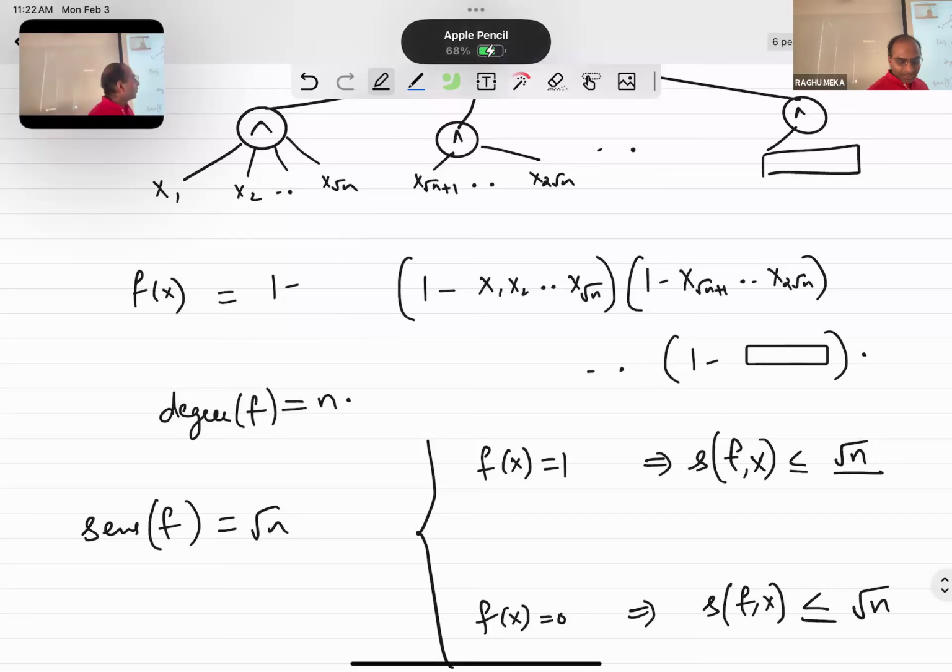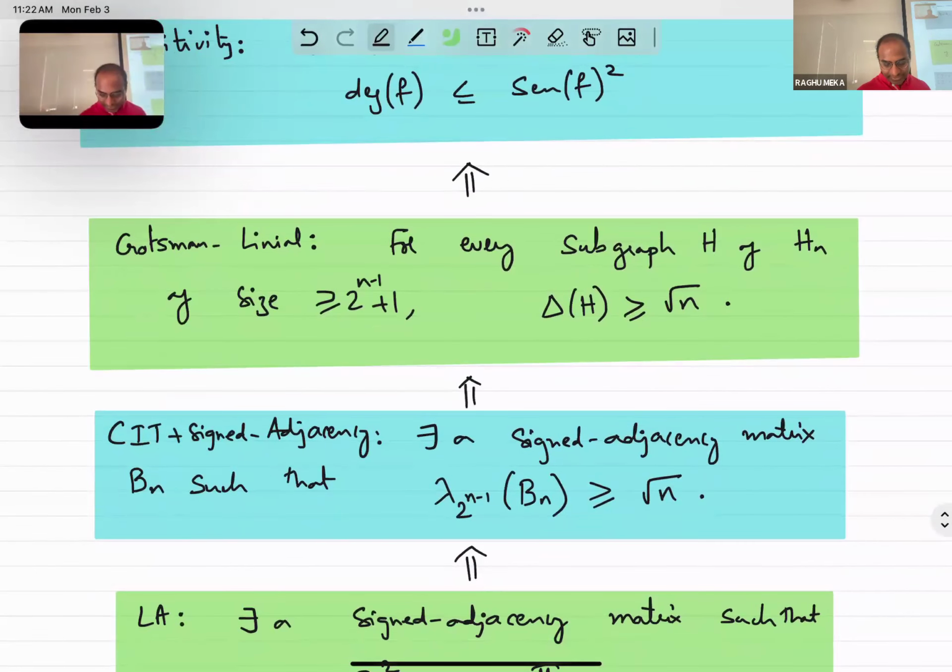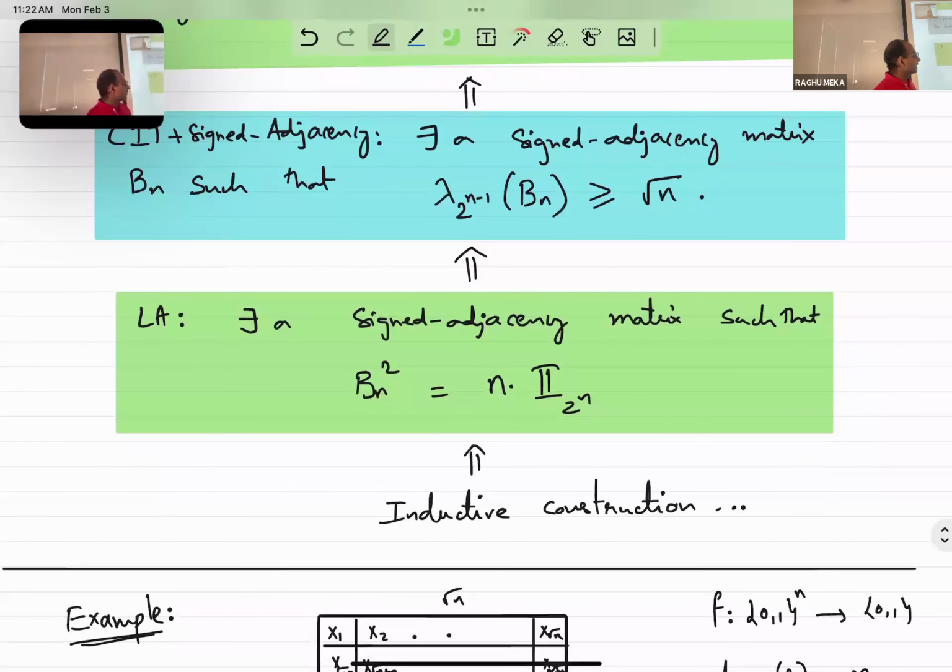Right. But once we had this, okay, let's look at the signed adjacency matrix. And then once the Cauchy interlacing theorem came in, it became much, much nicer. I just needed to find a single signing which satisfied this. And remarkably, we hit the exact delicate balance that we needed.